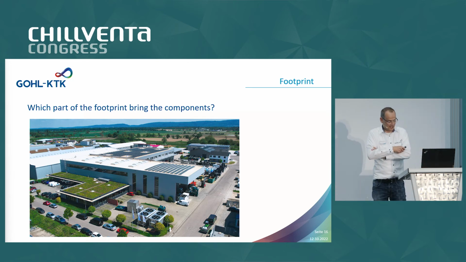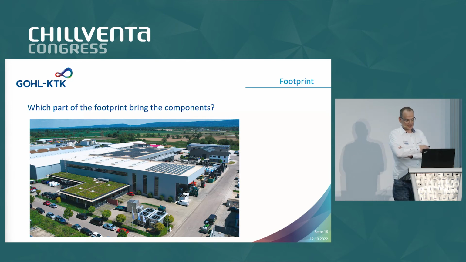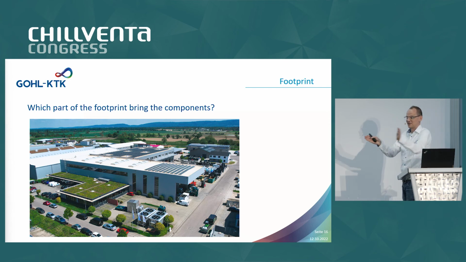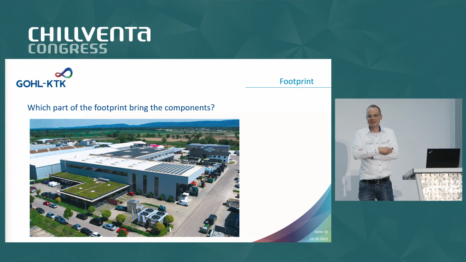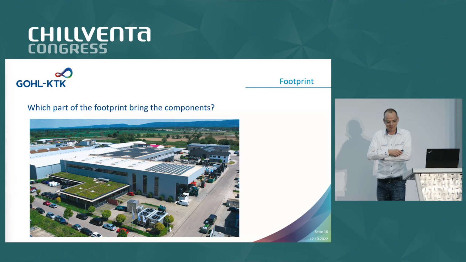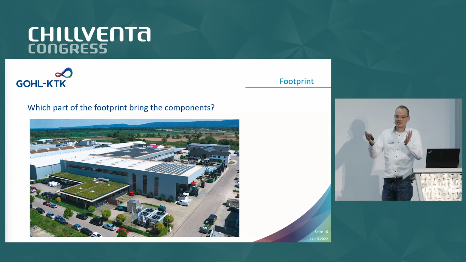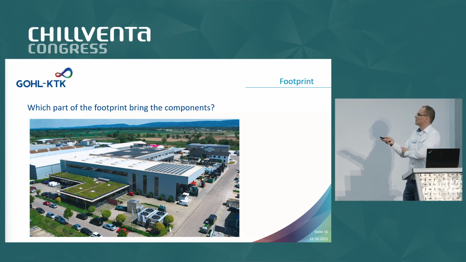Let's have a look at the carbon footprint of the cooling tower. A cooling tower is quite an easy product. You only have metal sheets and some infills or packings of plastics, and they are mounted together. You see here our plant in Dormersheim.